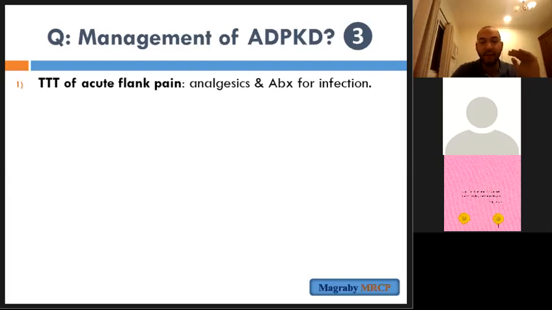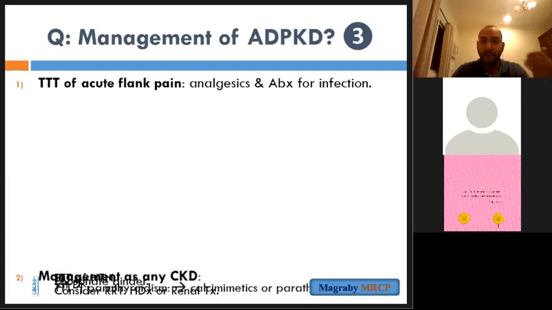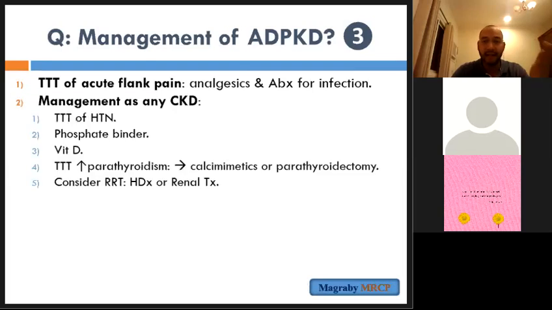So manage this patient as any patient with chronic kidney disease: control of blood pressure, giving a phosphate binder if he has hyperphosphatemia, supporting the bone by giving vitamin D, monitoring the parathyroid hormone to see if this patient needs a calcium mimetic or parathyroidectomy, and considering renal replacement therapy if indicated, okay, either hemodialysis or renal transplantation.